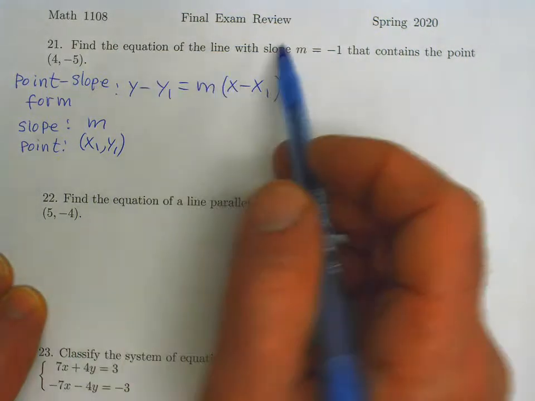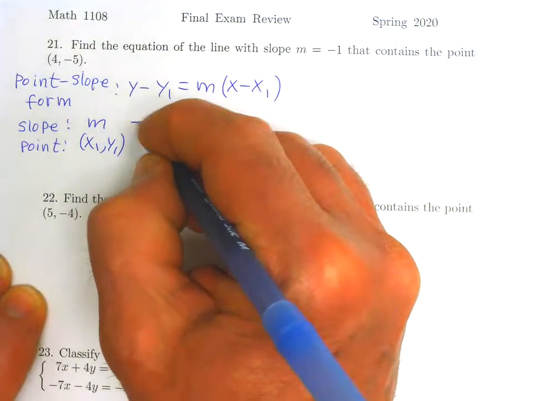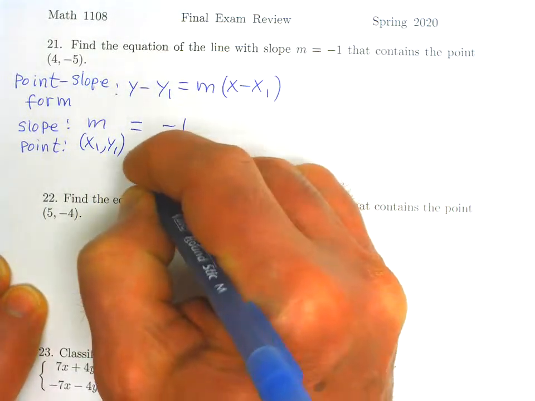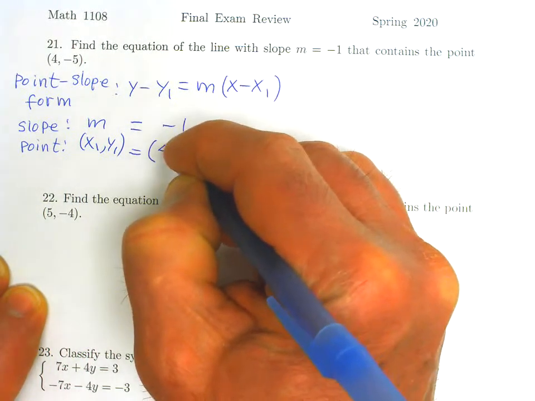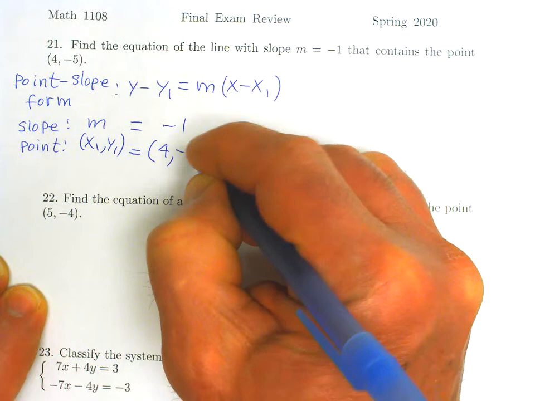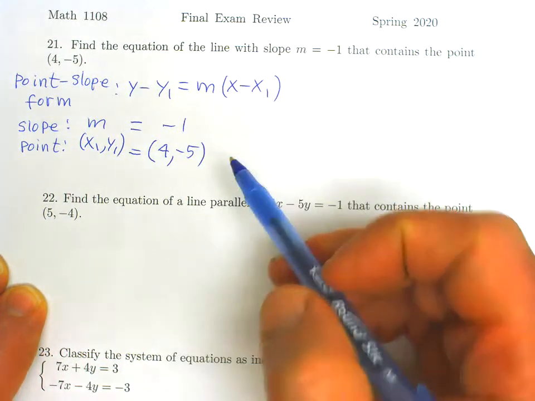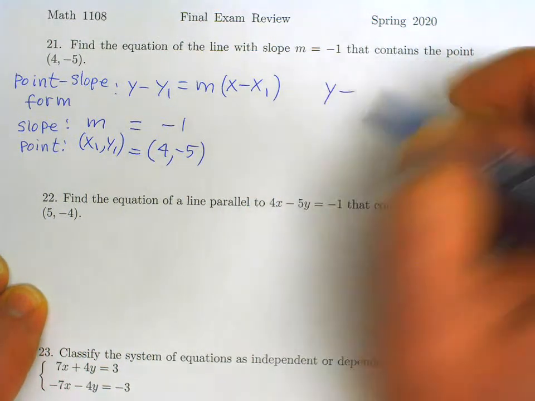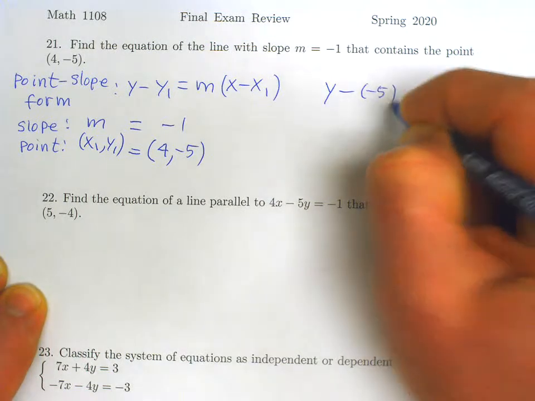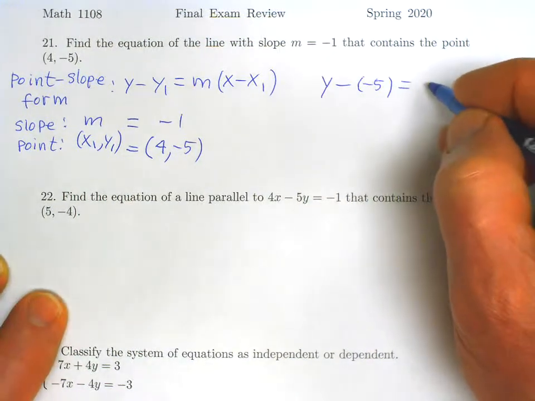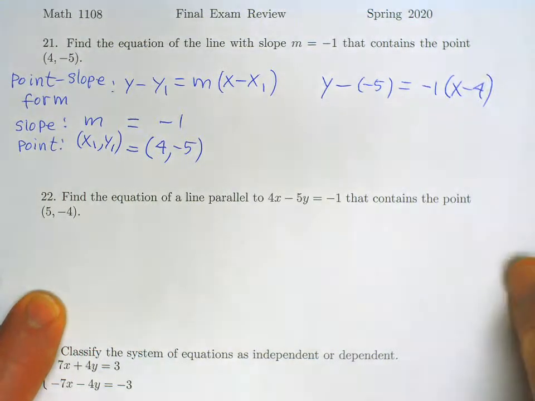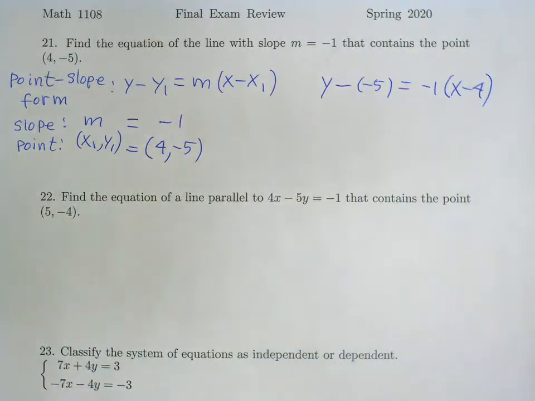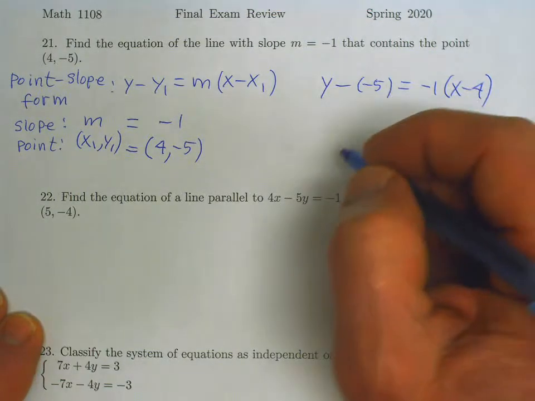Okay, so in our example, the slope is given to be -1, and a point on the line is given to be the ordered pair 4, -5. So we can write y minus -5 equals -1 times x minus 4. That's a good start, and we'll just do a little bit of arithmetic.